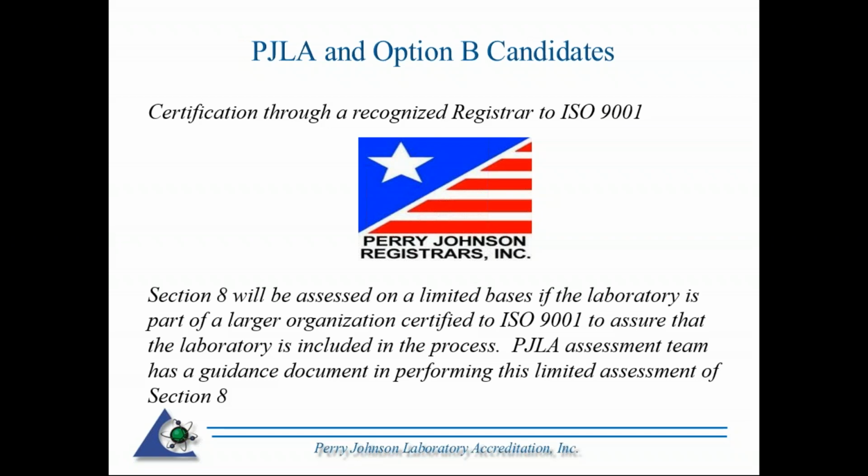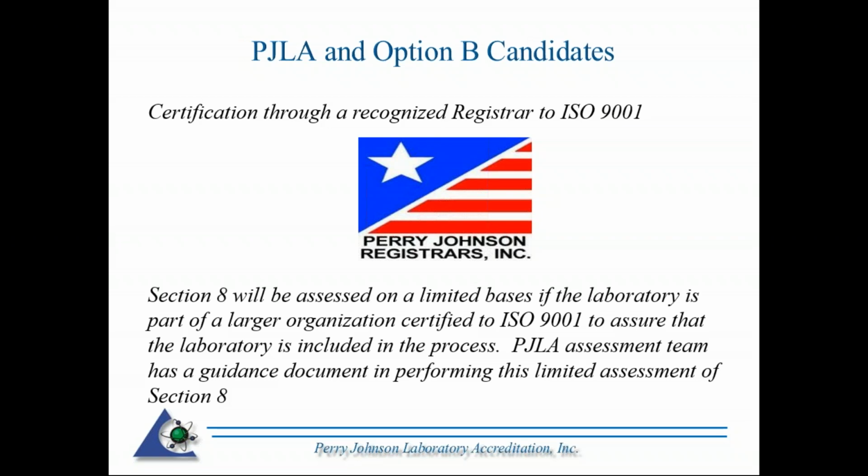Section A, so how will that be assessed? Let's say you are 9001, you are registered through a recognized register. PJLA's policy is Section 8 will be assessed on a limited basis.